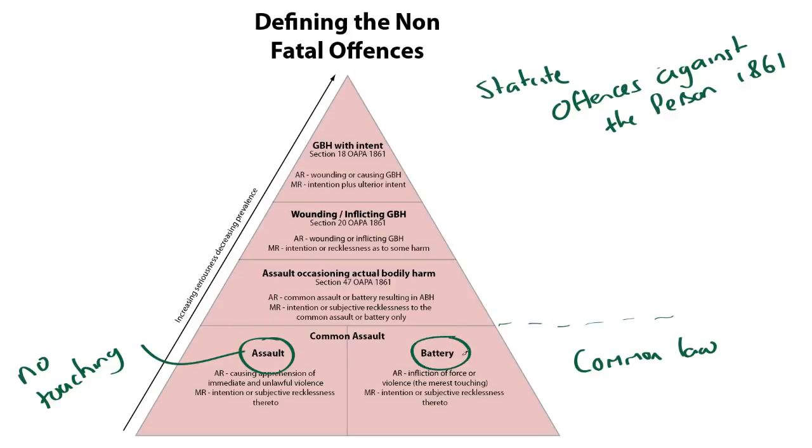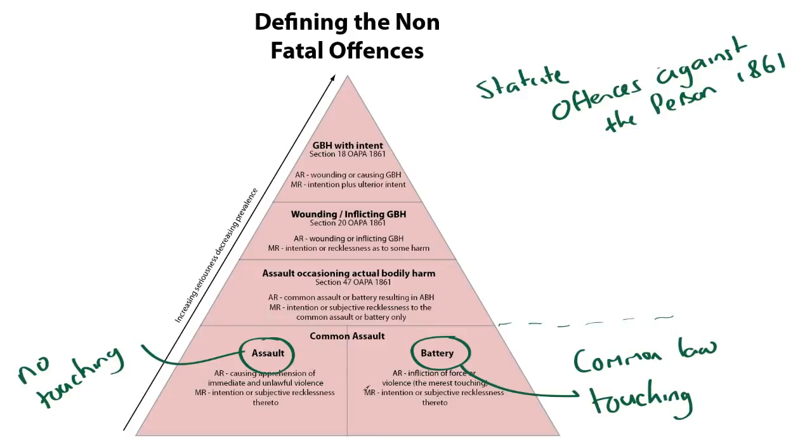Battery, on the other hand, is the offence in which there is some touching that occurs, and we'll see that that touching can be the merest of touches. So here we have assault, which is about no touching, and battery, which is about touching. And the interesting thing about this is, in common parlance, if people talk about an assault, they generally are talking about physical violence. But as we'll see, that's not necessarily the case.